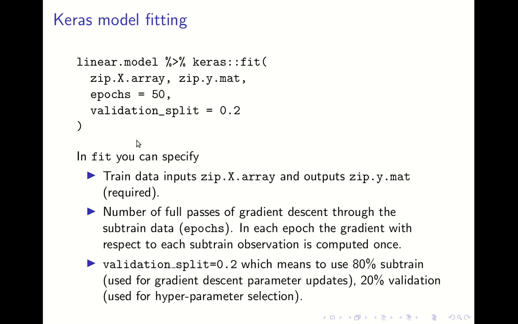And finally, we can specify validation_split equals 0.2, and that means to use 80% of these data observations as subtrain and 20% as validation. So again, the subtrain set is for gradient descent parameter updates, and the validation set is for hyperparameter selection, like controlling overfitting.